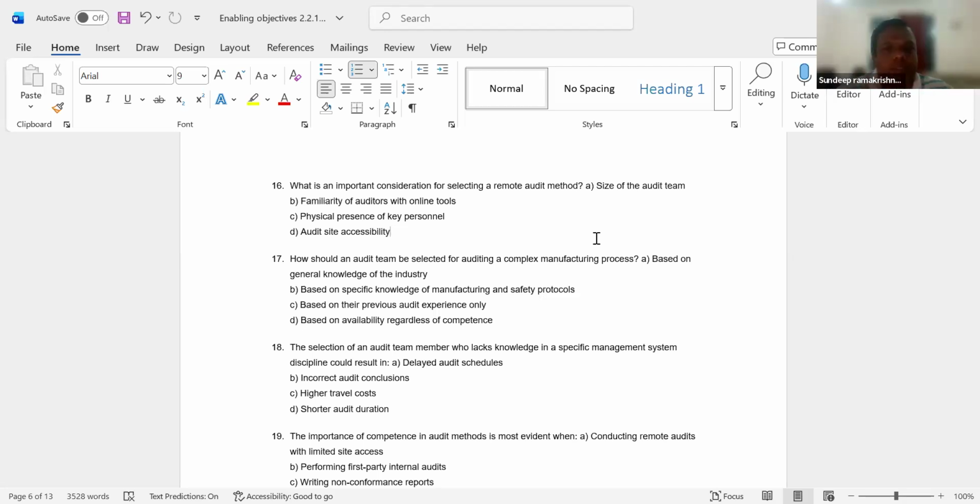Okay, right. 17th question. How should an audit team be selected for auditing a complex manufacturing process? A. Based on the general knowledge of the industry. B. Based on the specific knowledge of manufacturing and safety protocols. C. Based on their previous audit experience only.